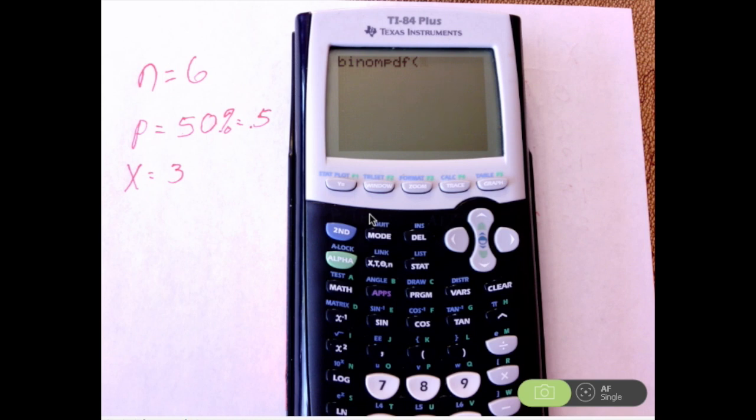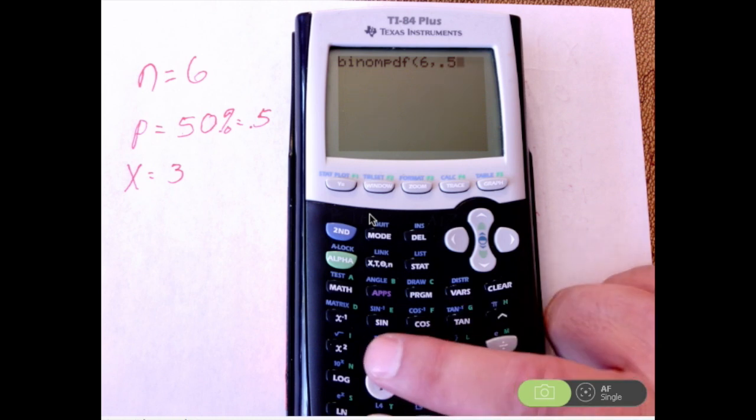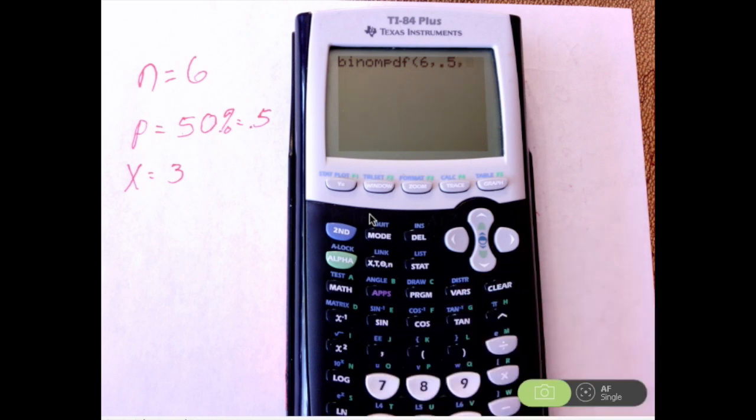Now to enter this in, you need to enter this in a very specific order. First goes the total number of trials, which is our n. So we're going to enter 6, comma. Second is the probability of success, so 0.5, comma. And then the number of successes out of the 6 trials we wanted.